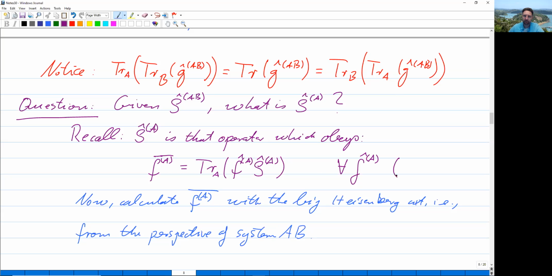So this is the small Heisenberg cut around A only. Right, so if we're looking at just system A, then it has its density matrix, it has its observables, and its expectation values are calculated as the trace of the product of density matrix and observable.